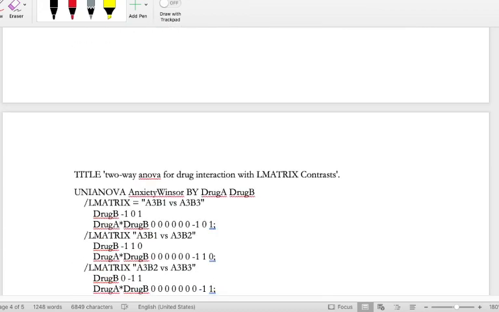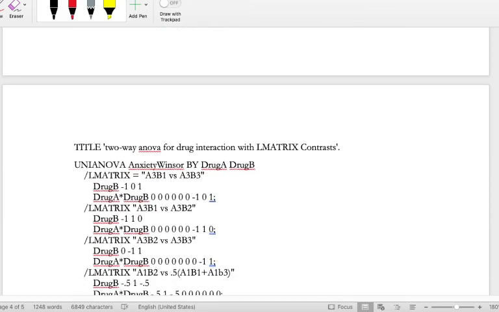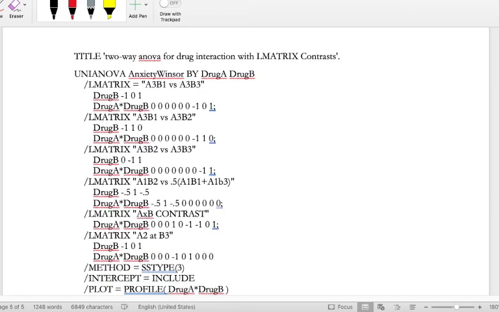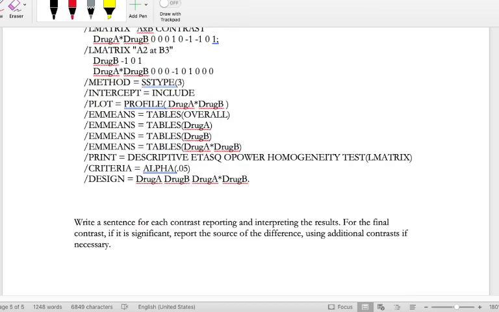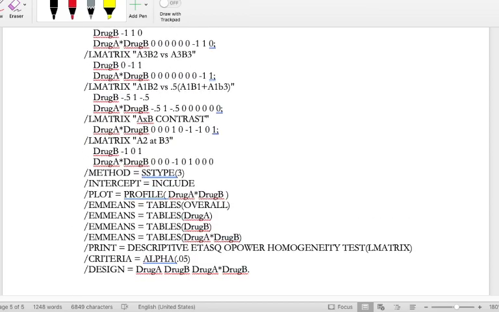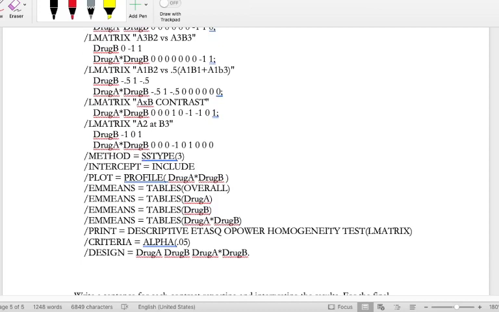Okay. So, for this lab, we've actually given you all the syntax that you need, right? Not only did we give you these above, but we're giving them to you in the whole syntax. All you need to do is copy and paste this syntax into your SPSS syntax.